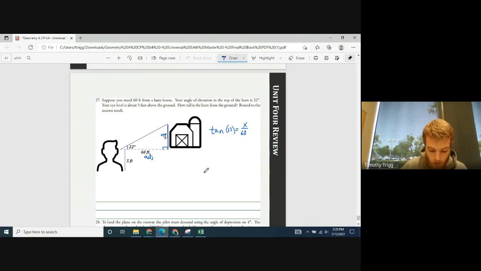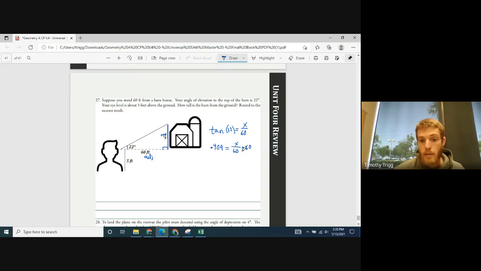So the first thing I want to do is put tangent 22. Again, make sure your calculator is in degrees. This gives me 0.404 equals, and on this side we still have X over 60. Now, whenever you want to cancel a fraction, you always multiply by the denominator.